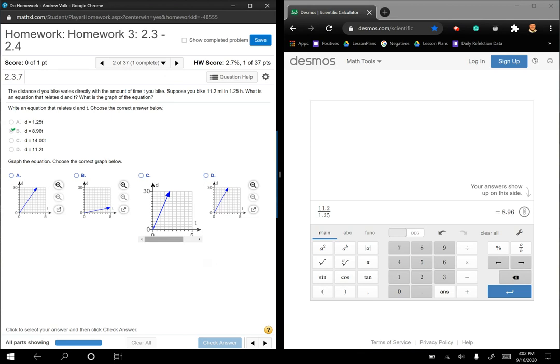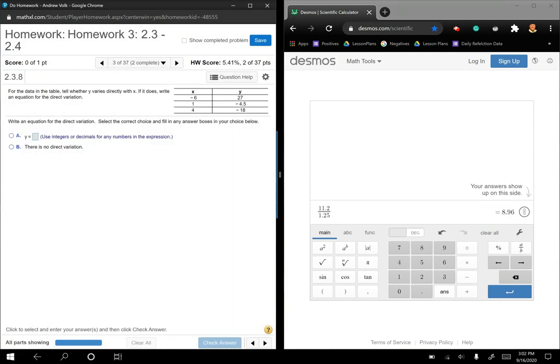This would be at like 2 and 30. But at 2, it should only be at 2 times 8.96. So it should be at 2 and 18. So if it was at 30, I might like A. That's a real tricky one. I don't like that graph because it's such an ugly graph.